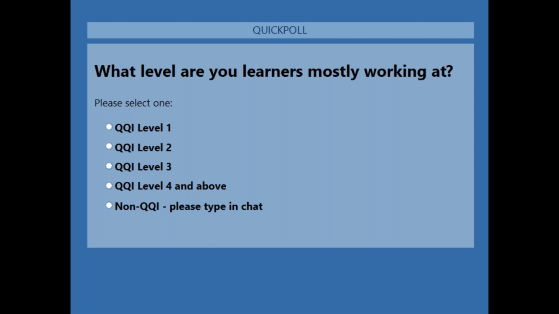Okay, and what I can see from the answers coming in is that it's mostly QQI level 3 and level 4. Okay, and for some people, level 1 and 2. So the highest it seems to be is level 3 and 4. Okay, thanks very much for that.